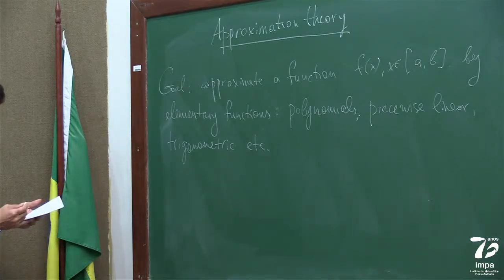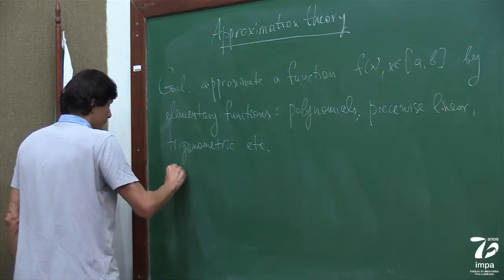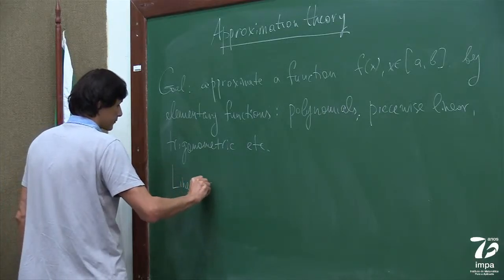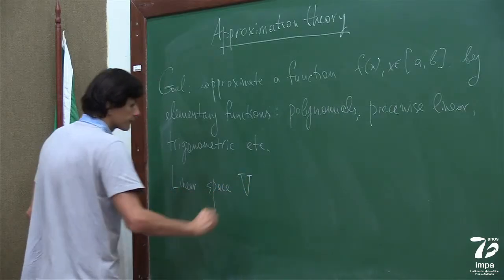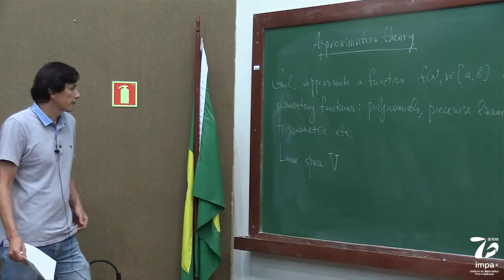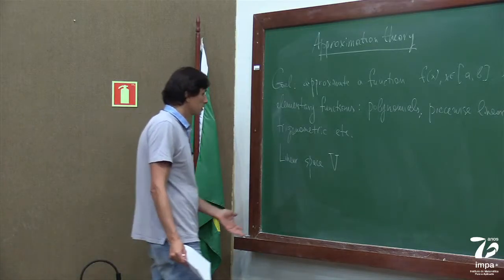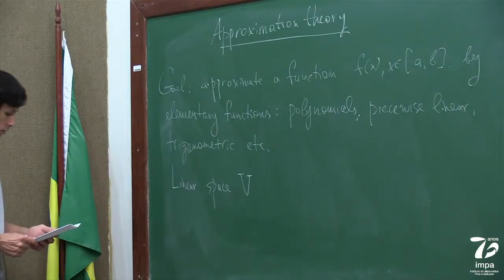So we start with a basic fact. Let us consider a linear space V. That can be linear in the algebraic sense, so it can be different things. It can be just a vector space, but it can be a space of functions, for example, or a space of fields, and so on.